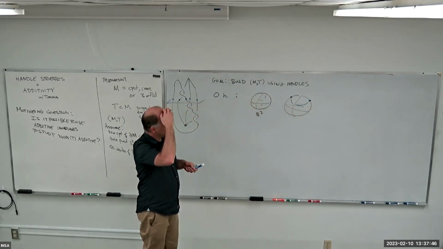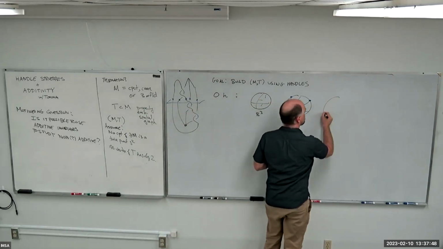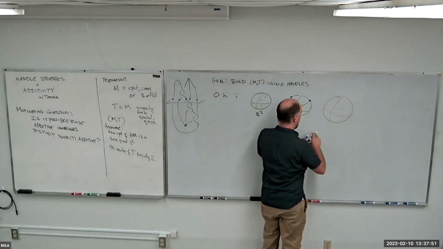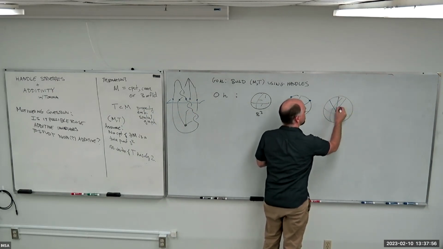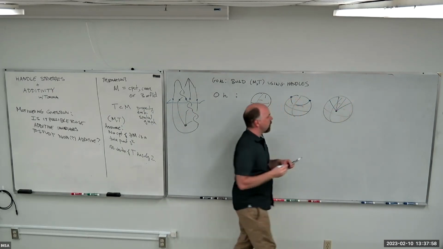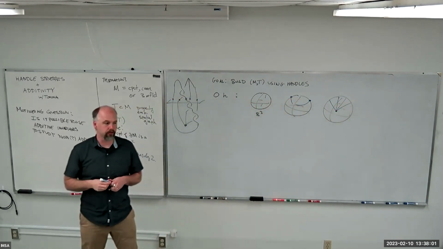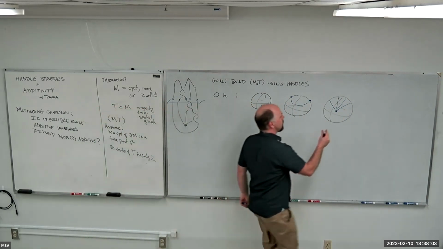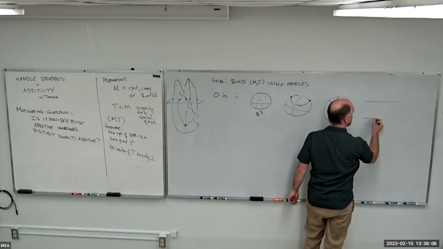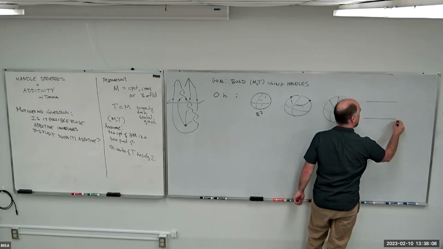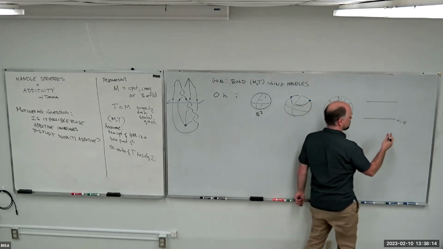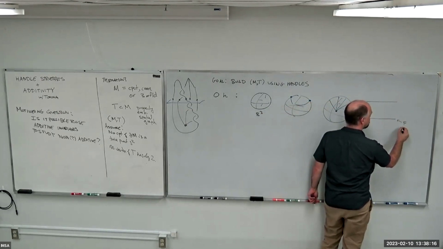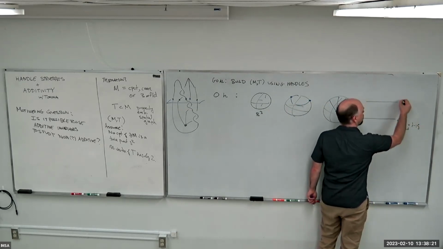A 3-ball containing an unknotted arc. A 3-ball containing a graph that's the cone on some number of points in the boundary. And then the last kind, which came up in one of the earlier talks, I'm just going to draw schematically. We'll have a compact orientable closed surface, and I'll thicken it.